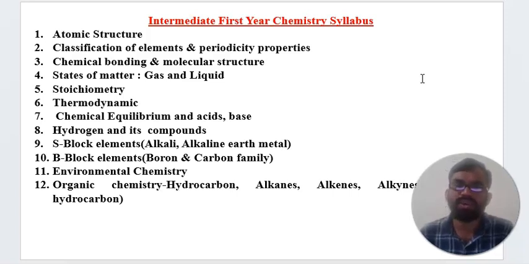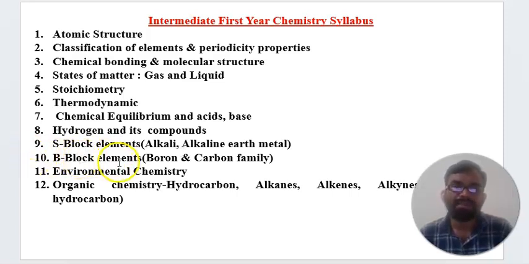In intermediate chemistry there are a total of 12 topics. The first one is atomic structure, and the second topic is classification of elements and periodicity properties. Third is chemical bonding and molecular structure, and fourth is states of matter, like gaseous state and liquid state. Fifth is stoichiometry, sixth thermodynamics, seventh chemical equilibrium and acids and bases, eighth hydrogen and its compounds. Ninth is S block elements, meaning alkali and alkaline earth metals, which we need to discuss.